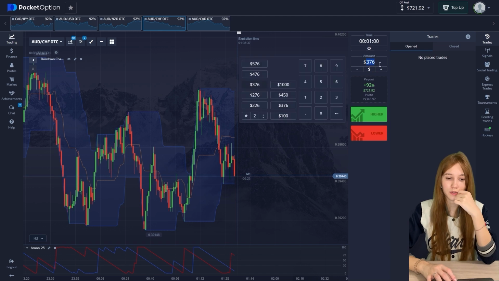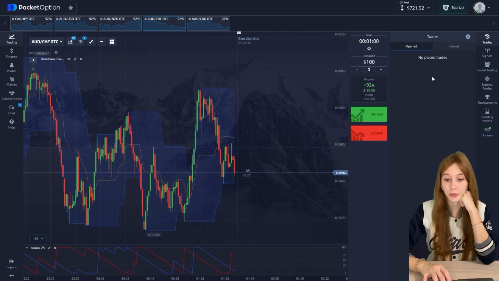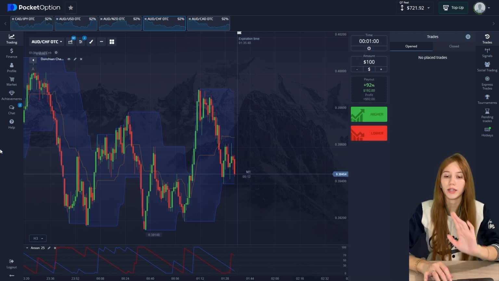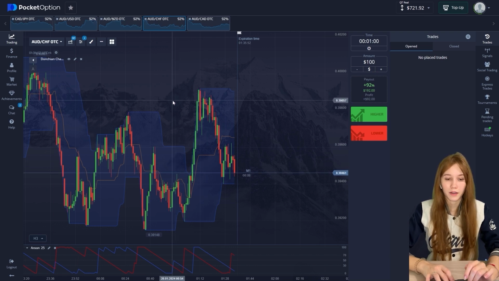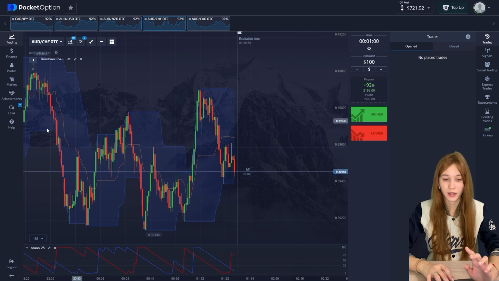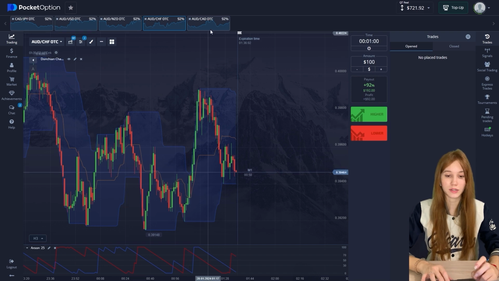Let's reduce the amount of the next deal to $100. Let's take no risk. I advise you to trade 10, 20 percent of your balance. Look at the general situation of our market as well as the technical analysis, and we are moving on to the next concept.